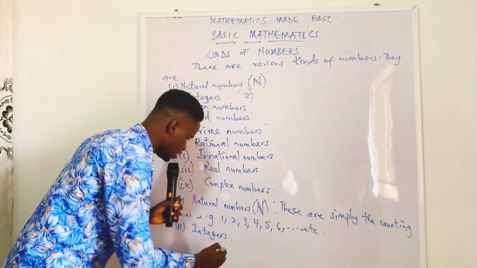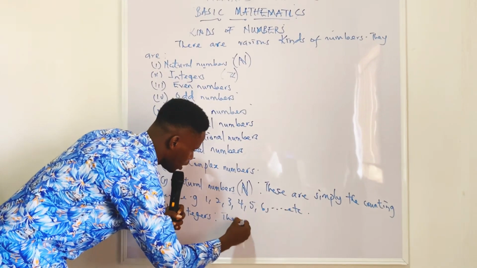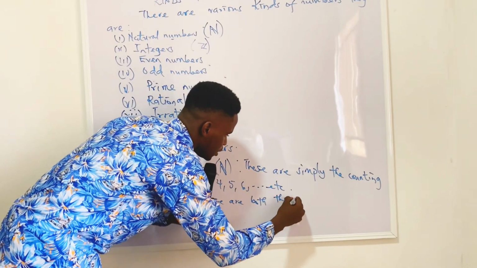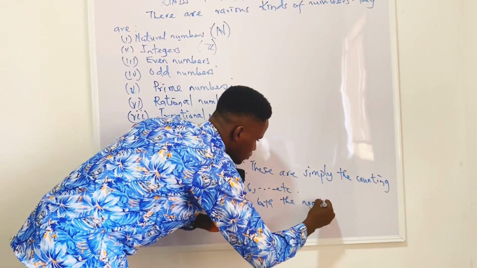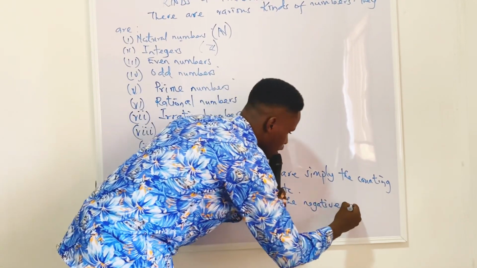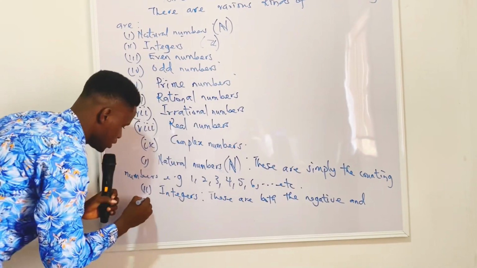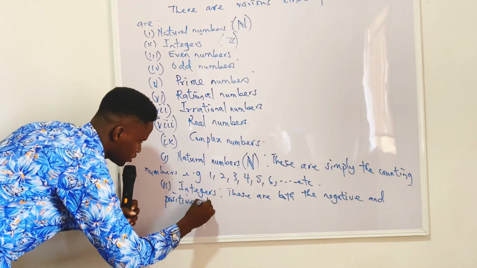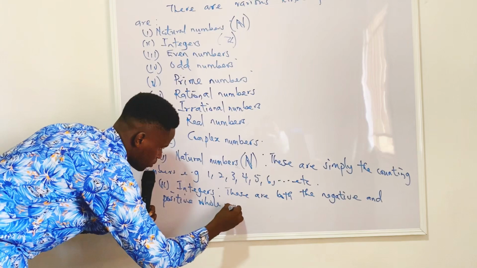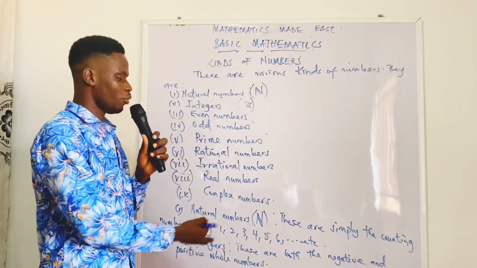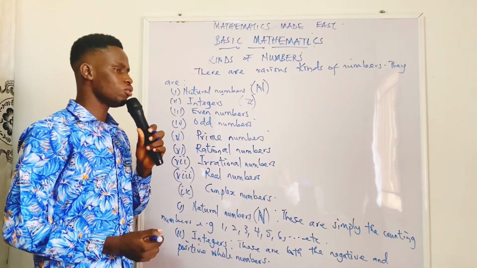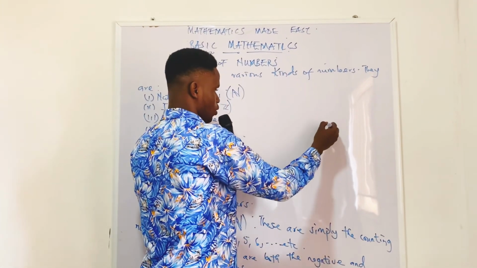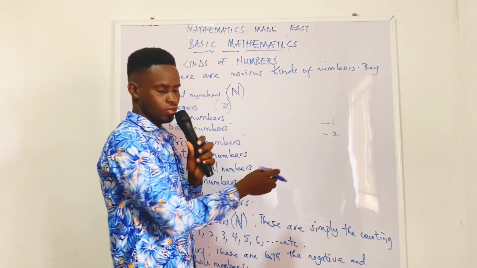So I can simply say these are both the negative and positive whole numbers. They are whole numbers. And what are the negative numbers? They are the numbers that always have a minus sign in front, just like we have -1, -2, and so on.